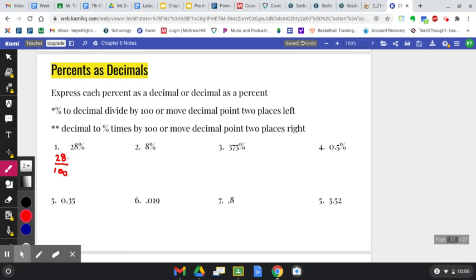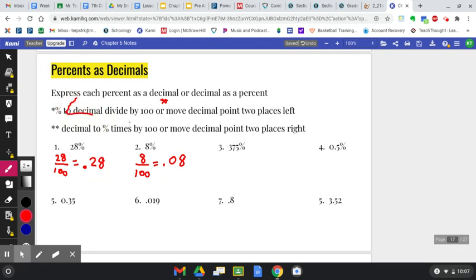Now, to get it into a decimal, I just do 28 divided by 100, and my calculator tells me 0.28. If I did 8 divided by 100, that's 8%, that would be 0.08. So this part right here, we move the decimal 2 places. I think this is, did I do this wrong?